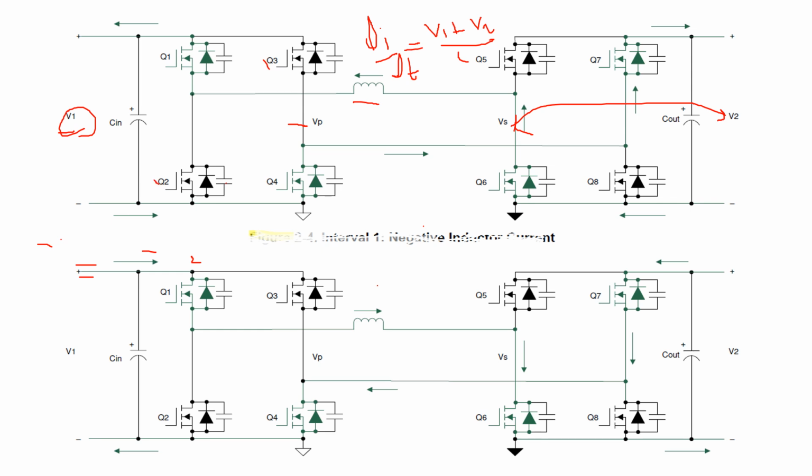So the conduction in both directions of the current, IL greater than 0 and IL less than 0, can best be explained in this case.